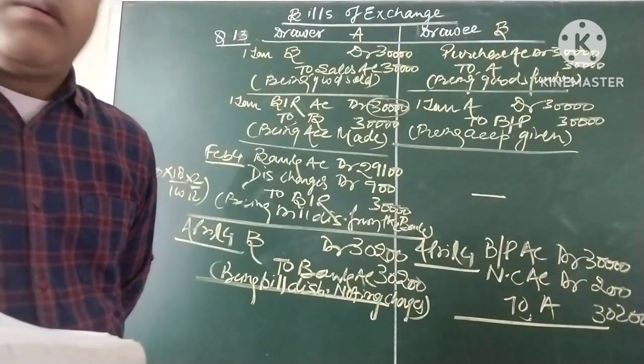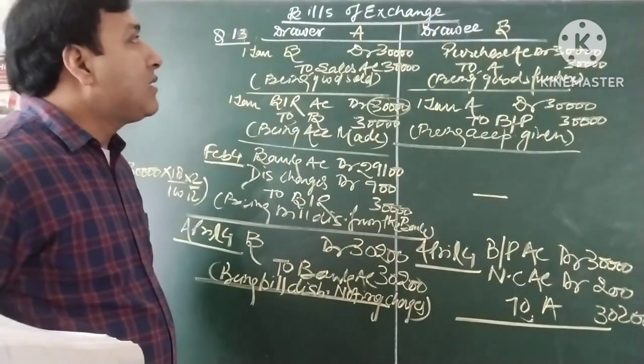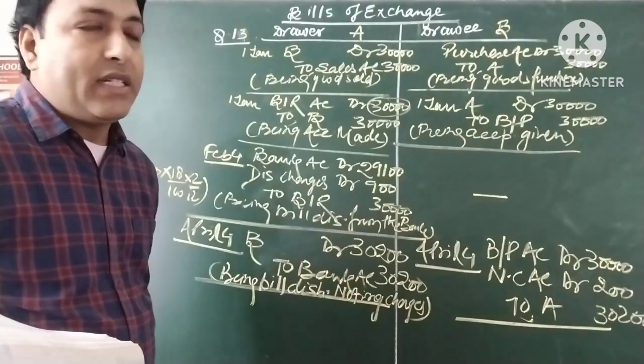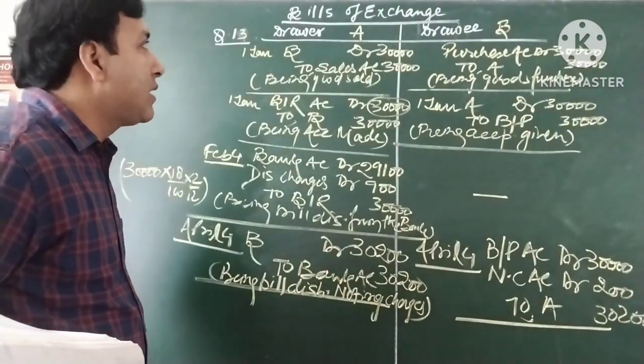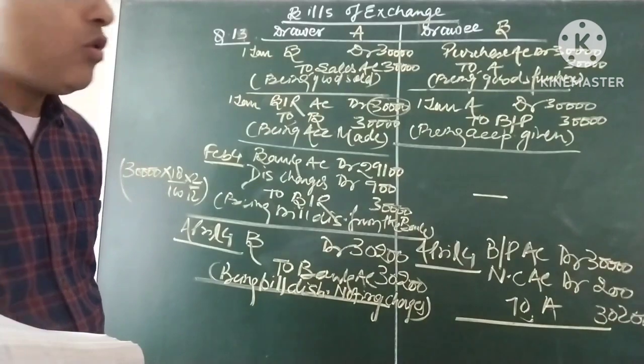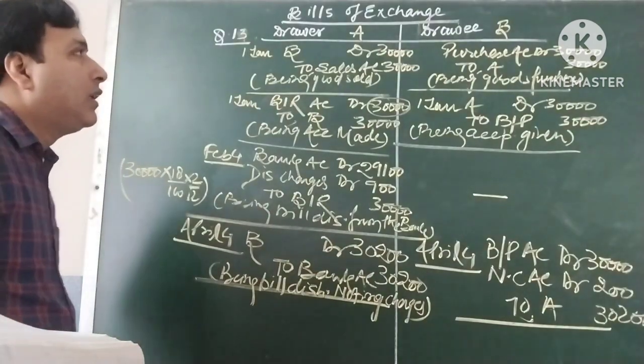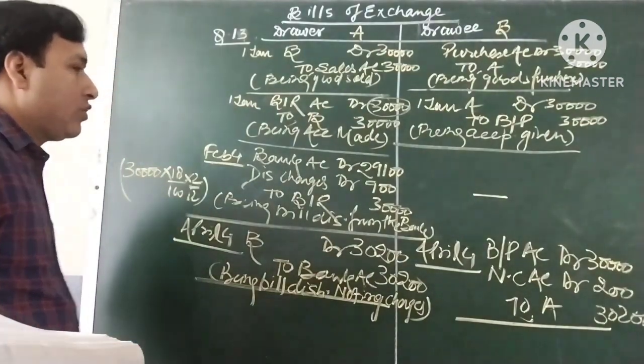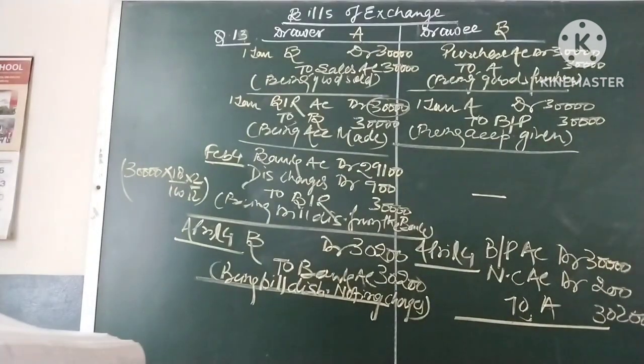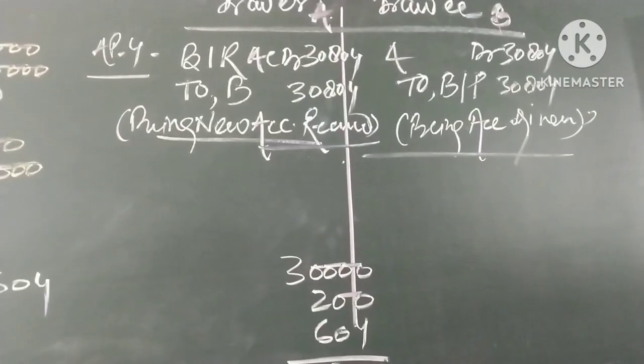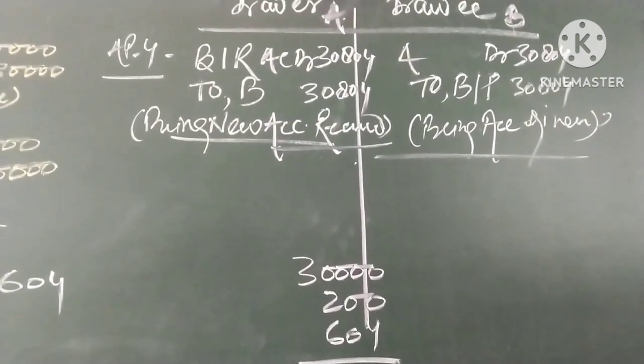यानी अब B क्या करेगा? B interest, who provides the interest? Mr. B provides the interest to Mr. A. So when B provides the interest to Mr. A, you have to write the entry. What is the entry? See, entry is on April 4.